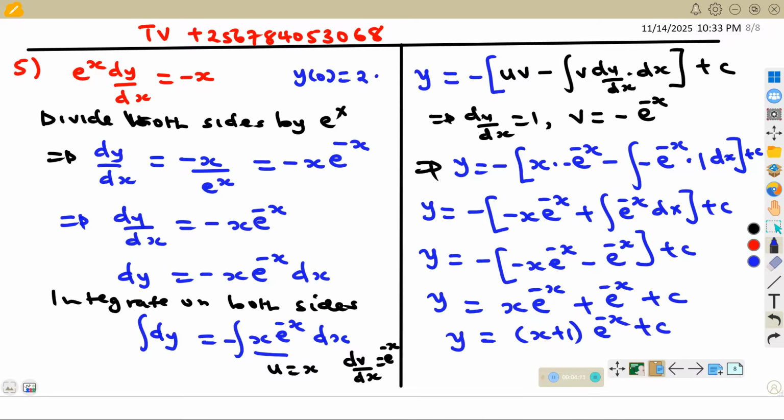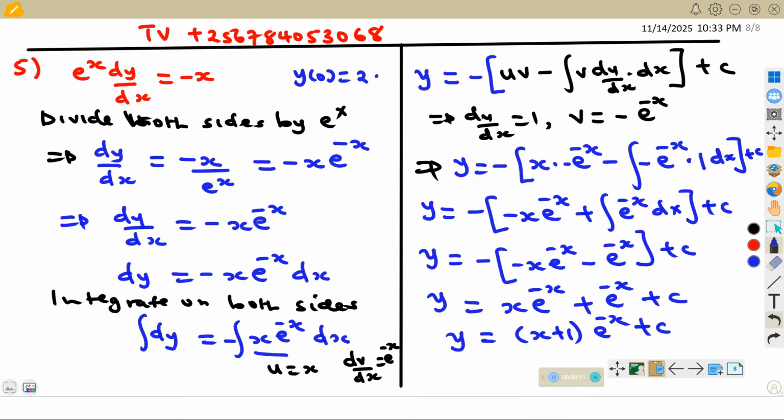After getting this, we are told that y of 0 is equal to 2. This means that y is 2 and x is 0. Substituting, we get 2 equal to 1 times e to the power 0, which remains 1, so this is 1 plus c.